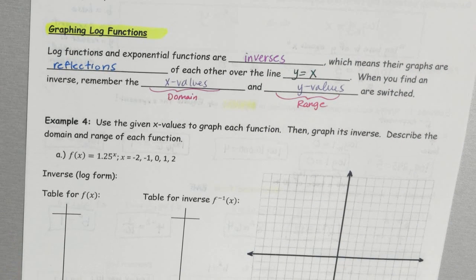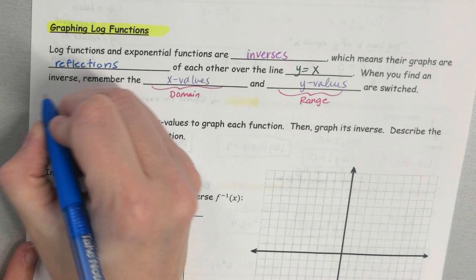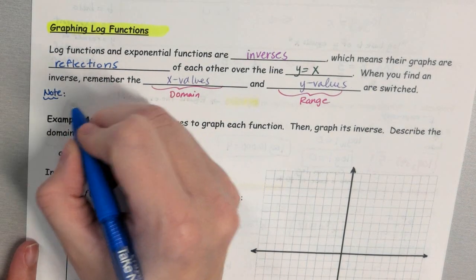Now, speaking of domain and range, we talked the other day about things you have to look out for. And we came up with fractions, and we came up with square roots because there's an error there. Now, we have to keep something else in mind. So we're going to write a special note.